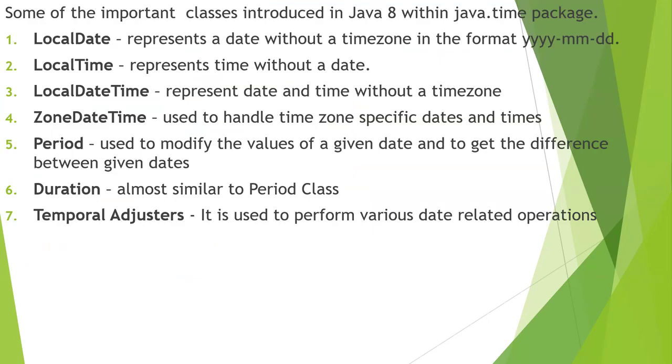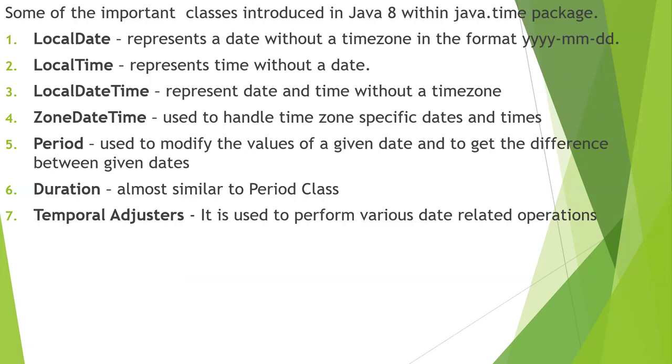But for Duration, if you want to modify something on the time value, or if you want to calculate the difference between two time values, when I say time values, the values that you create using the LocalTime class, in those cases you go for the Duration class.